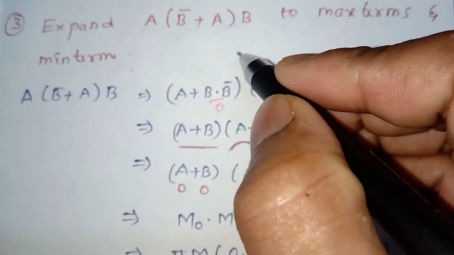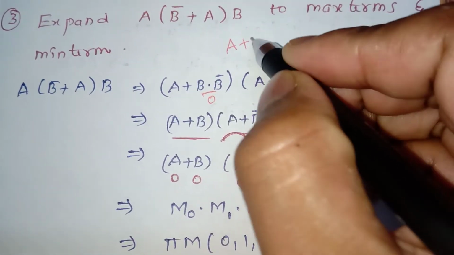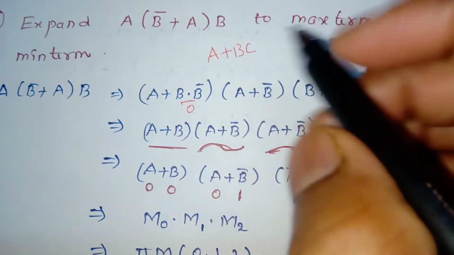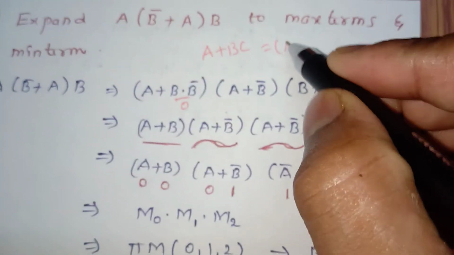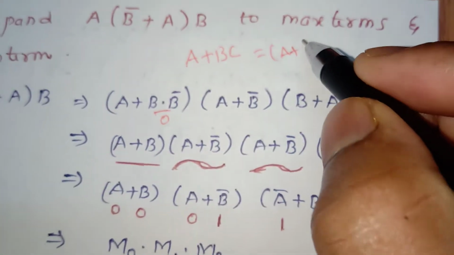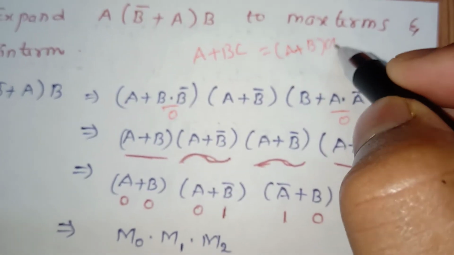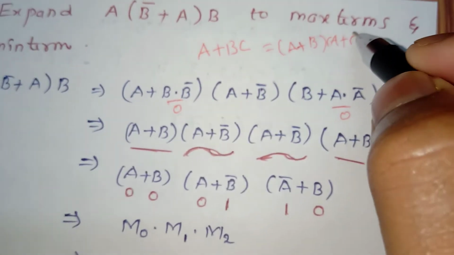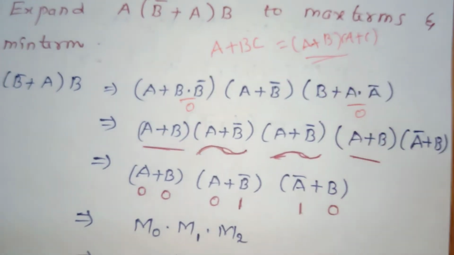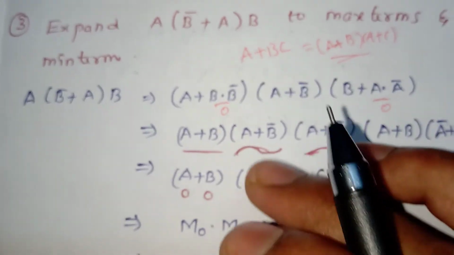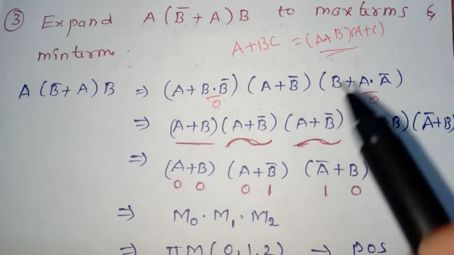Now, if you observe this law, a plus bc is equal to a plus b into a plus c. Then this law, distributive law, is going to be used to convert the given Boolean expression into product of sums, that means maxterms.